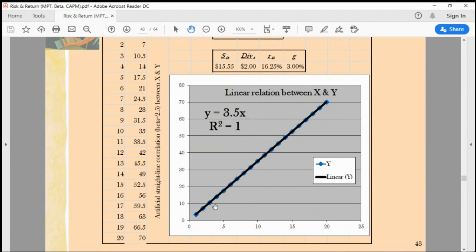In other words, the slope was given, and the vertical impact was already given as 0. And because you already have a deterministic trend coefficient, all the plots would fall neatly and perfectly on a straight line, right?